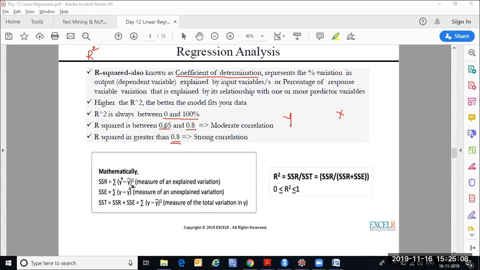If it is below 0.65, then you call that a weak correlation. We will see how we interpret these R squared values. But let's try to understand how this R squared value is calculated.